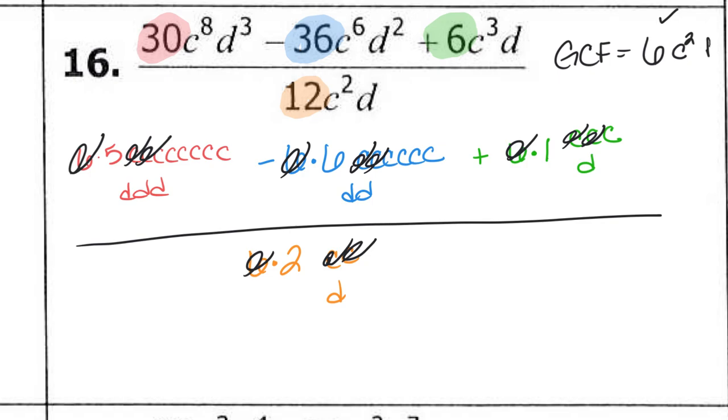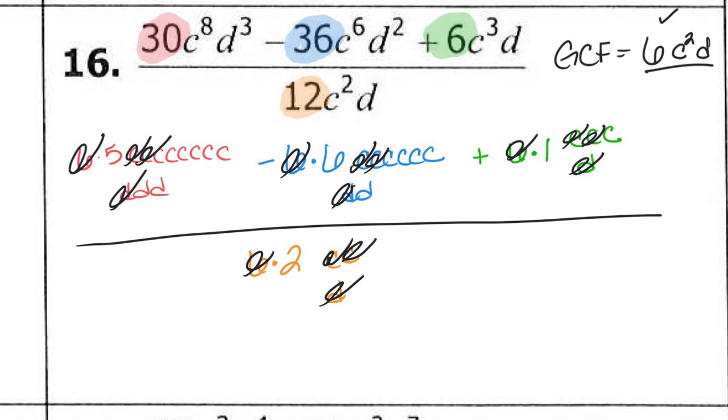And they also shared the letter D. So one red, one blue, one green, one orange. Even though we have extra D's that are red and extra D's that are blue, we have no more green and we have no more yellow. So we say my greatest common factor is 6C squared D.